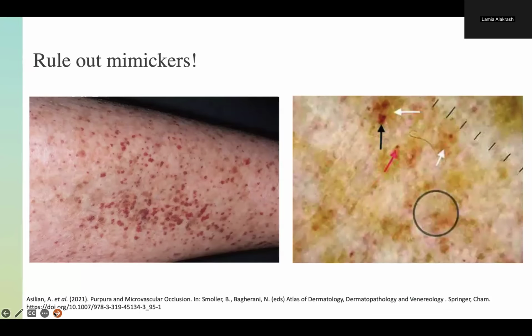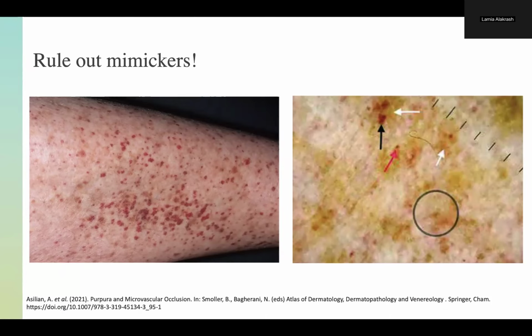Another important point in vasculitis and in all conditions in dermatology, always consider mimickers, or conditions that may simulate vasculitis. So here we have a common mimicker. We have typical purpura mixed with hyperpigmentation.